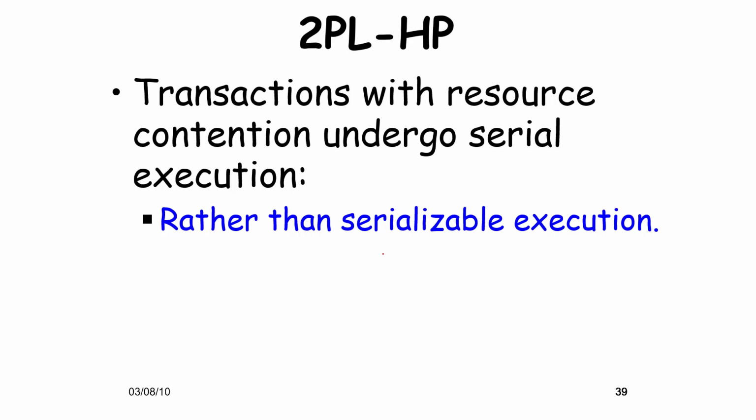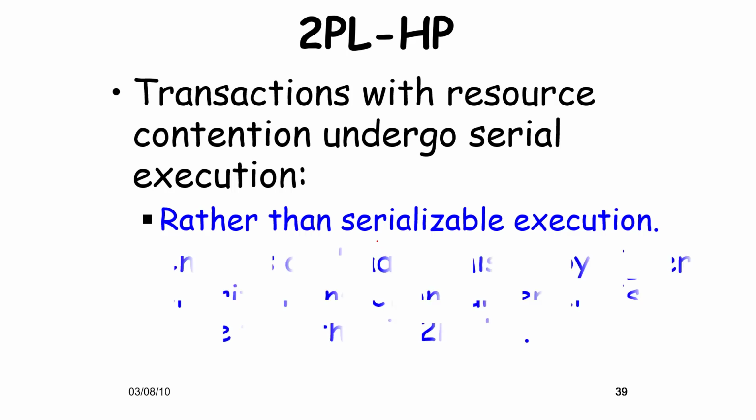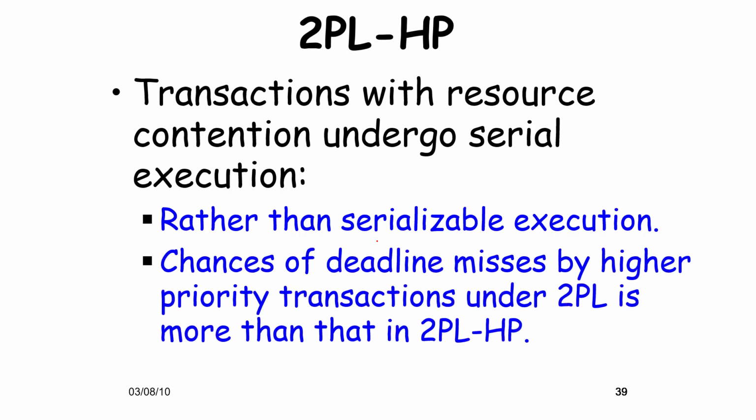So, again, this would depend on the workload. It's by no means a general statement which can be proven, but it has definitely been observed in many practical scenarios that 2PL-HP performs better than 2PL and 2PL-WP. So, pretty much if all the transactions are dependent on a single resource, they will undergo serial execution one after the other rather than something which is serializable, because serializable basically means that they are executing concurrently, but the effect is as if they are executing one after the other.